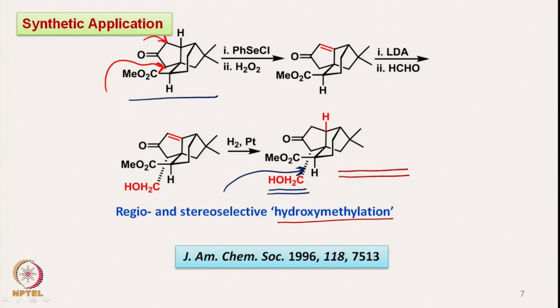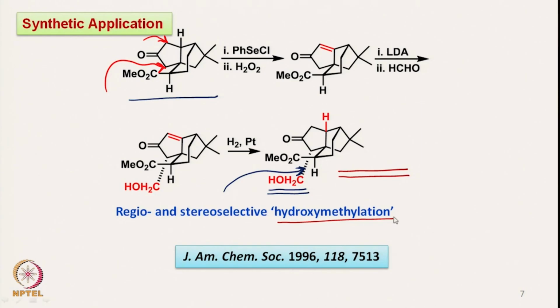Therefore, one has to do something to protect this particular carbon atom. Now if one looks at it, this carbon atom here is sterically more hindered because of this group or this ring here, and therefore anything that one has to do will occur here.